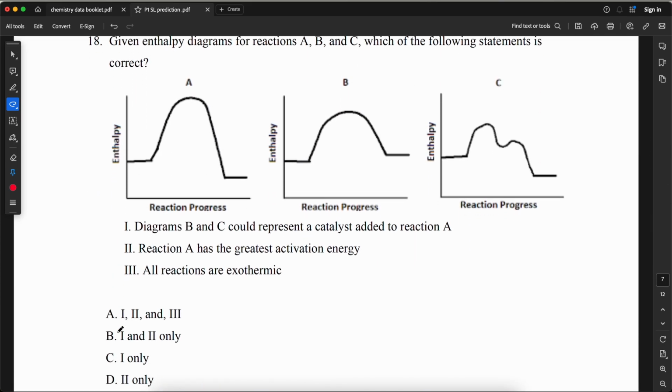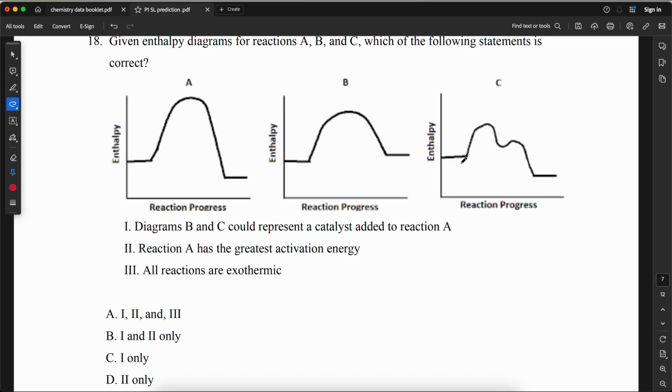Given enthalpy diagrams for reaction A, B, and C, which of the following statements is correct? Diagrams B and C could represent a catalyst add to reaction A. As you can see here, the activation energy decreases, but delta H also change.